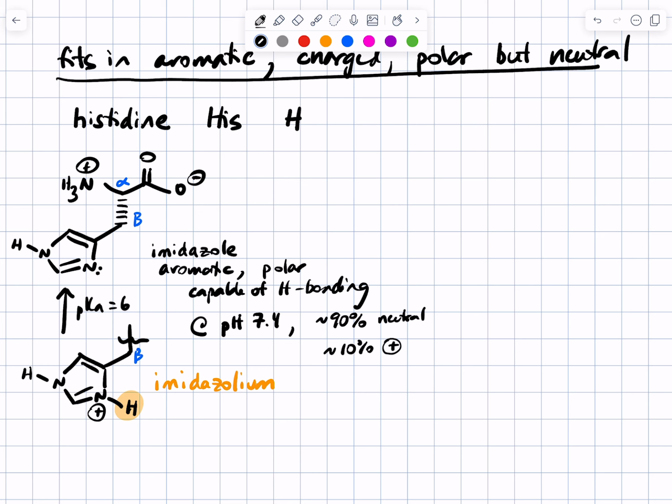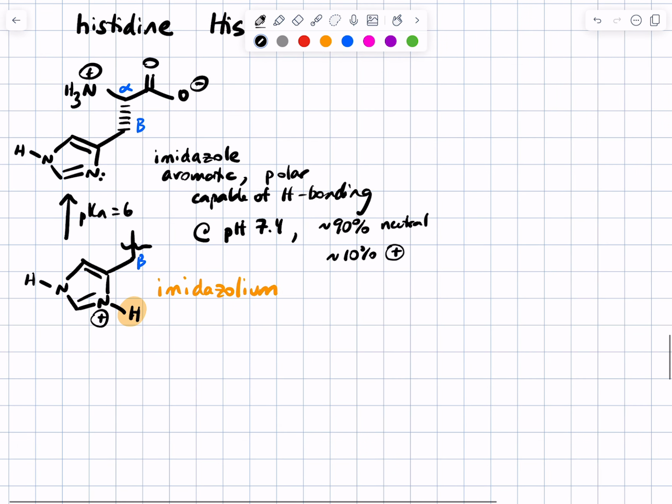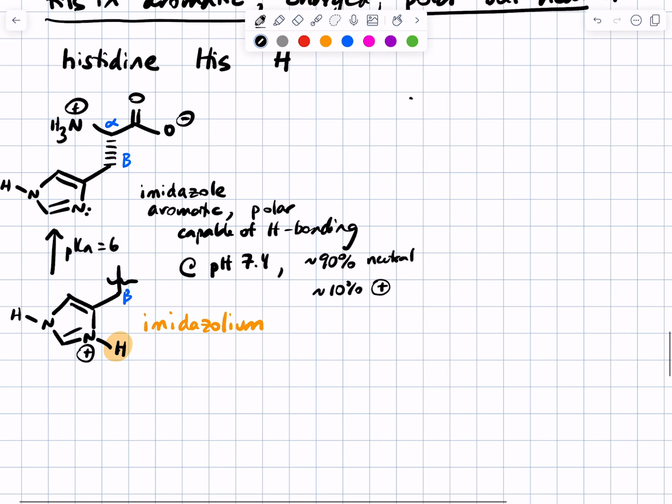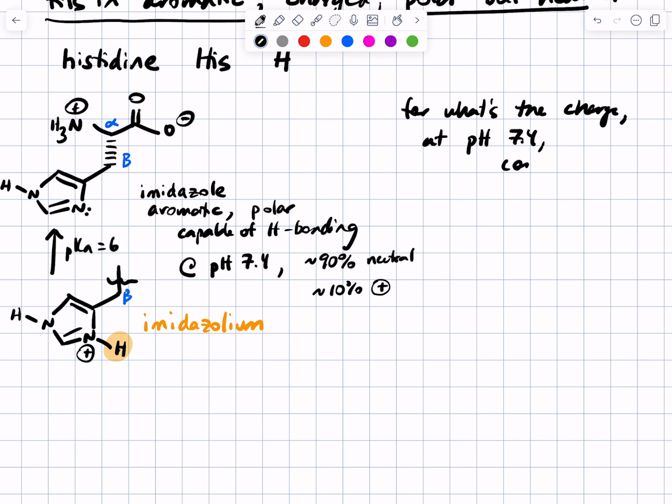Yeah? Since it's close to pH 7.4, if you were to give us a question like what's the charge for this... No, I would say to answer questions, because it's 90%, generally greater than 50/50, we'll say for what's the charge questions, at pH 7 you're going to consider it neutral.